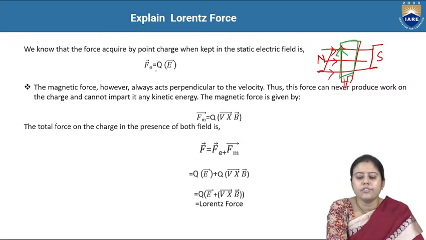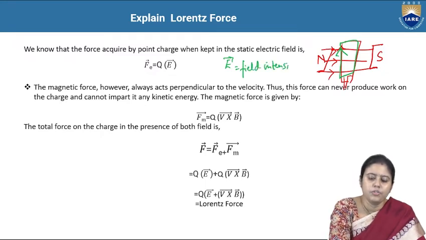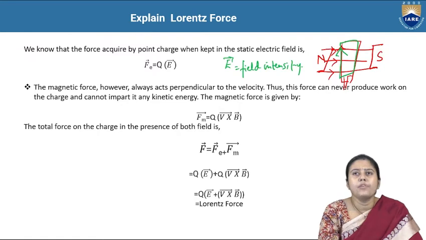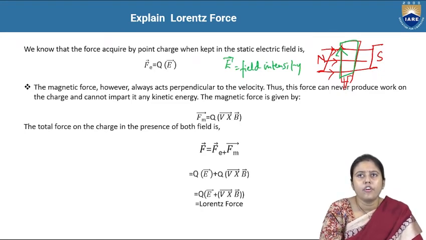The electrical force Fe is equal to Q E, where Q is charge and E is the electric field intensity. And as this is also a magnetic field, Fm is equal to Q V cross B. So what is the total force?